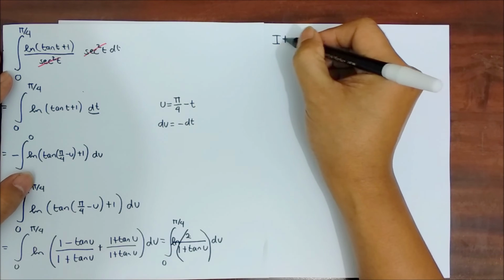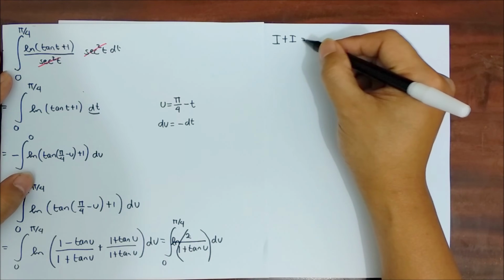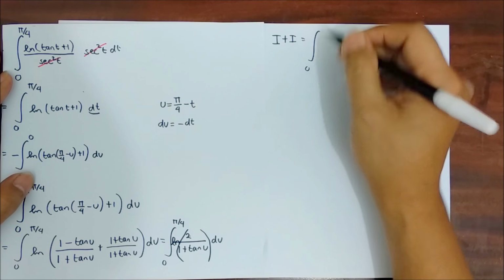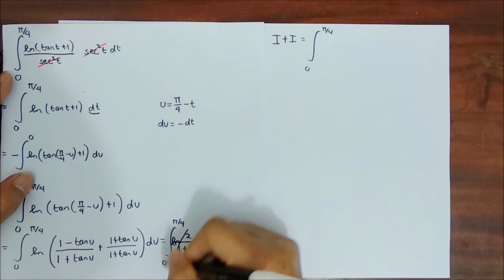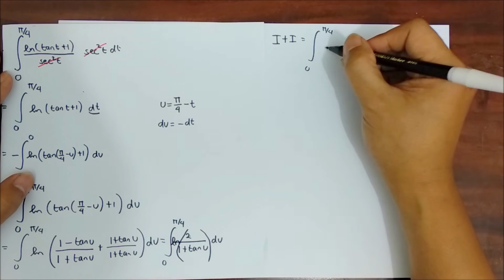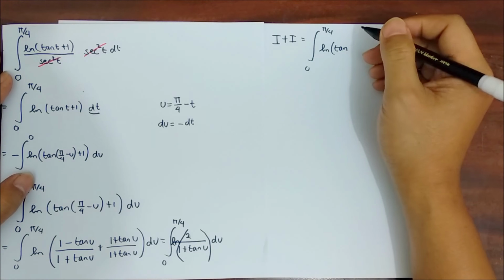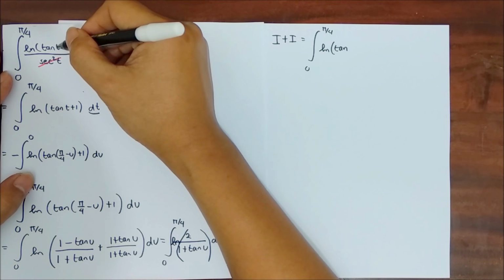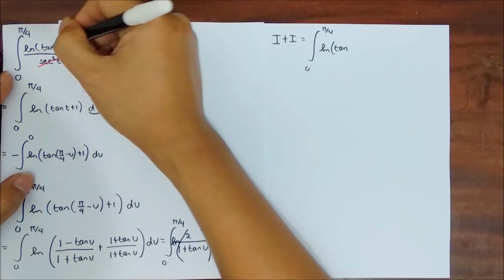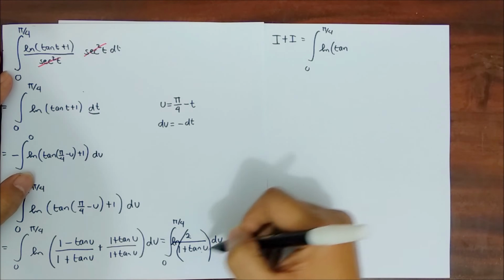So we have I plus I. The first I is coming from this one, and both integrals are from 0 to pi over 4. Just to make it easier to comprehend, let's change the dummy variable into z, and we will change the u variable into z as well.